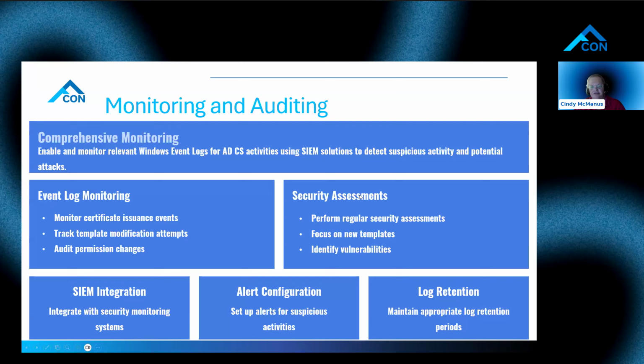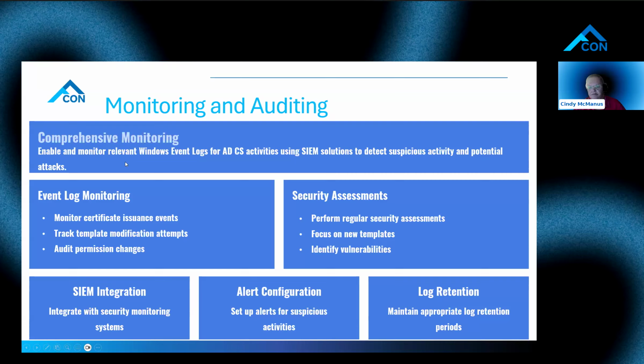And then last, you're going to want to do a regular security assessment. When you do those, focus on new templates and on identifying the vulnerabilities that may have crept in over the last 90 or 180 days as your issuing CA is a work in progress.